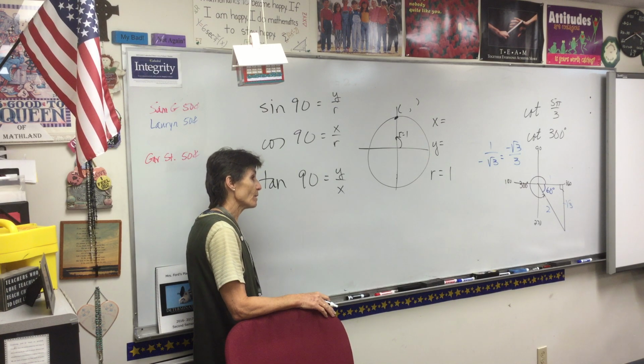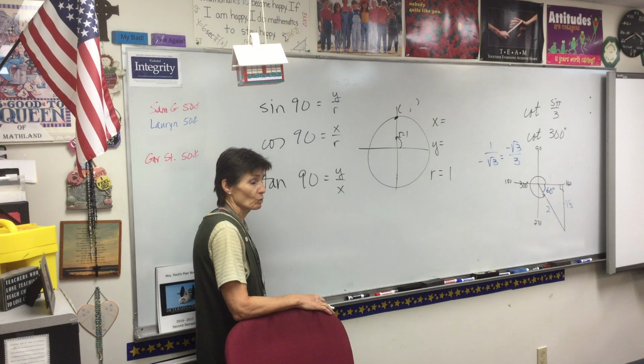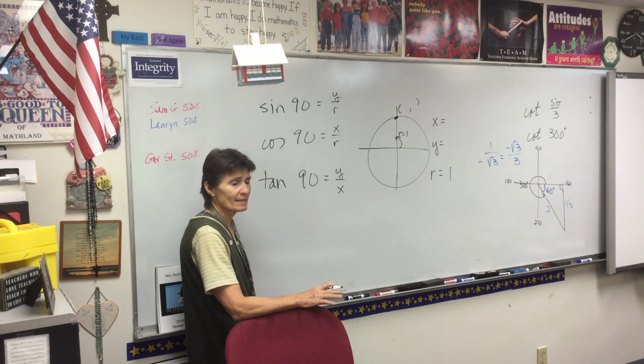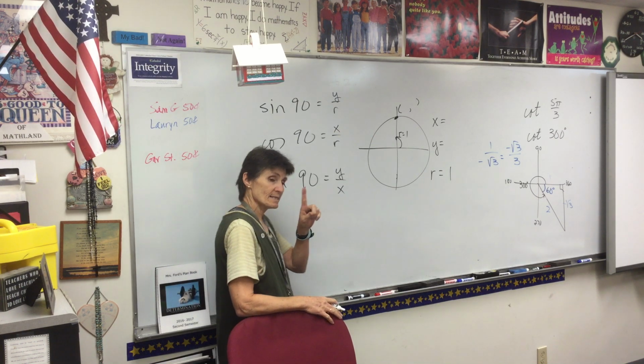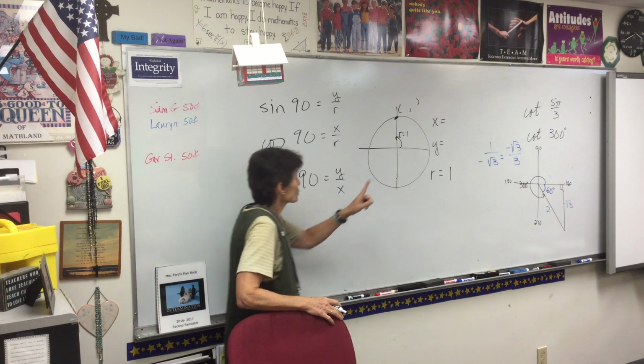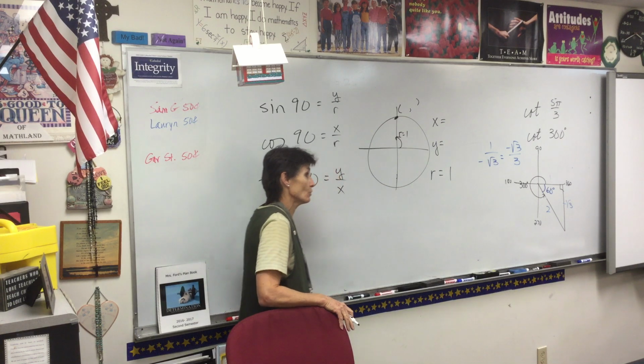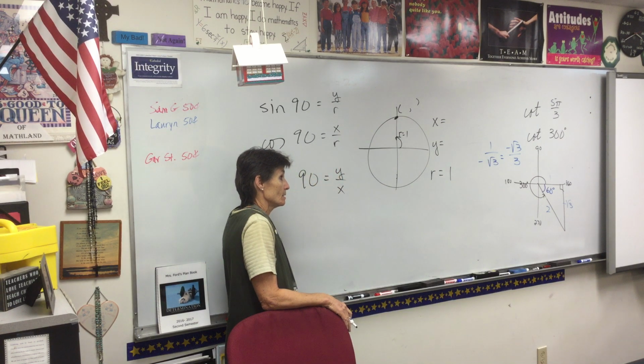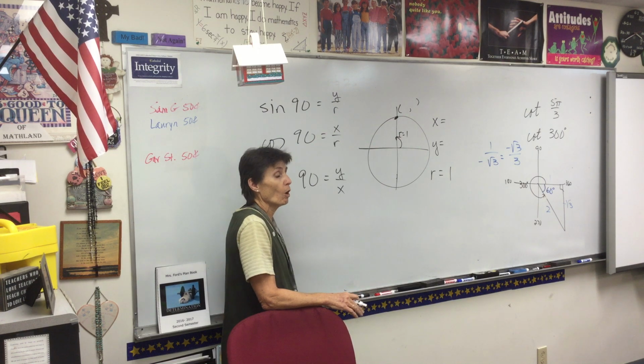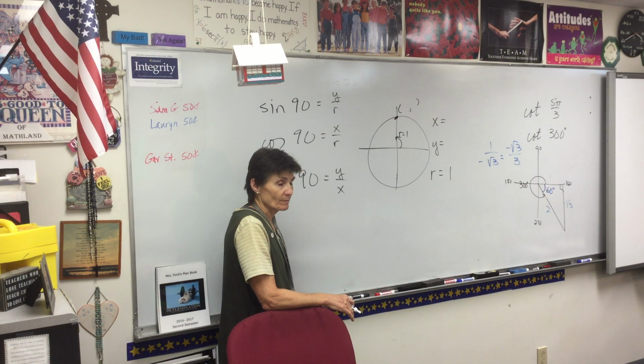You could make the radius 5 or root 13. You could make it anything you wanted, but 1 is the easiest number to work with. If you don't want to use 1, you can use 2 or 5 or 12. I don't care. We're all going to get the same answer. In the end, it won't matter. I'm going to use 1.